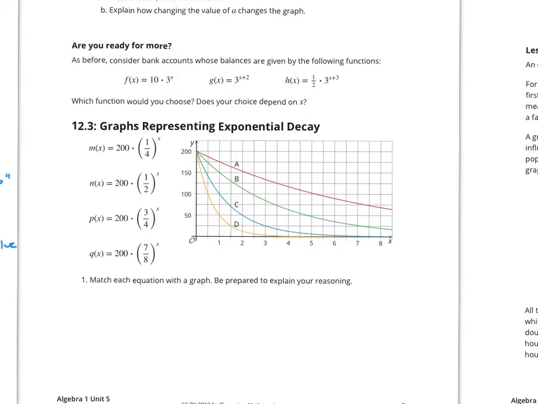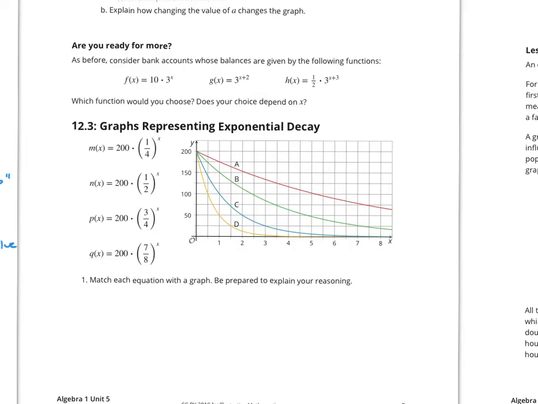So we're talking in terms of money. We're saying that whatever the fraction is, that's the amount of money that remains each year. So keeping that in mind, we know that the bigger the decay factor is, the smaller the decay is.